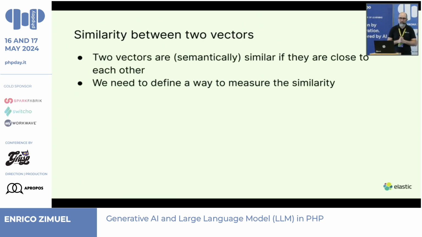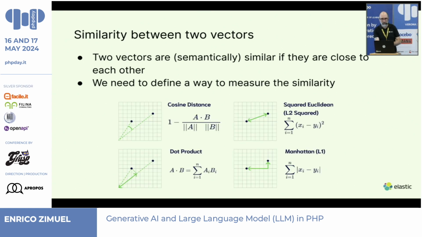When we have 2 vectors, so 2 documents, we can ask whether the documents are close to each other. If the vectors are near each other, that means the semantics of the documents are similar. This is possible because we can use different approaches to measure how similar the vectors are: the angle, the distance, the dot product.